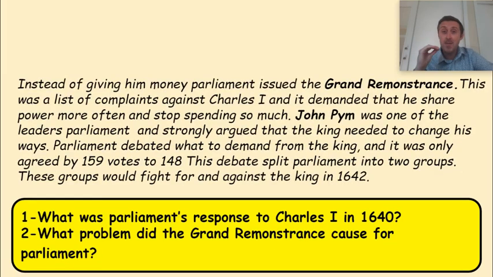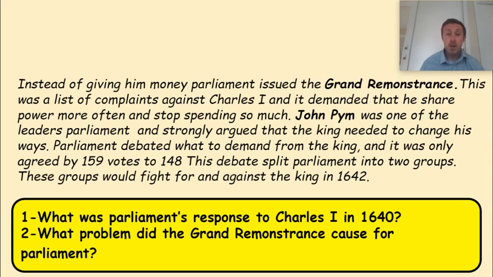So instead of giving him money, Parliament issued something called the Grand Remonstrance. This was a list of complaints against Charles I, and it demanded that he share power more often and stop spending so much. John Pym was one of the leaders of Parliament and strongly argued that the king needed to change his ways.